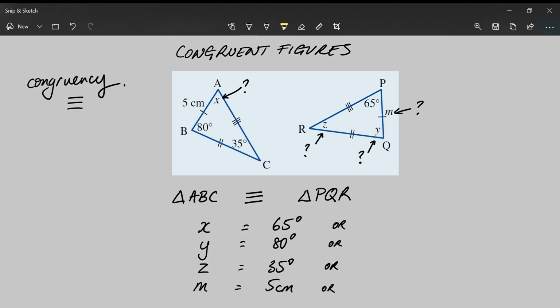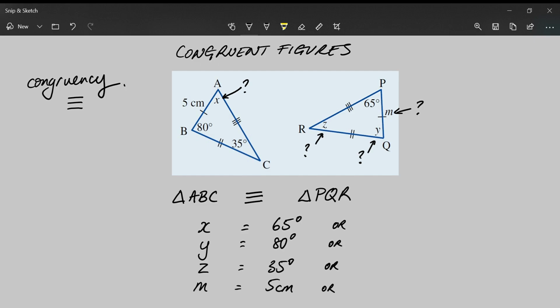So angle X over here is in the vertex or the corner of A. But if we follow the two points that it meets, so the sides B and A, so BAC, that creates that angle. All right, so there's the start, there's the middle, there's the end.